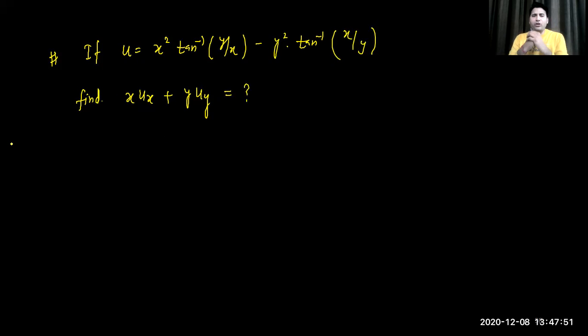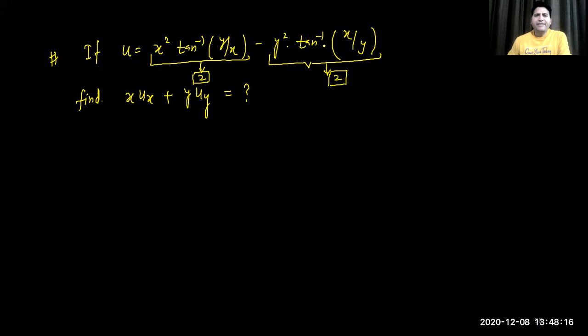Now, first of all, you should identify whether we should use the deduction formula or the original Euler's formula. Now you can see this is the standard form of a homogeneous function and its degree is how much? 2. It is also a standard form of a homogeneous function. Its degree is how much? 2.